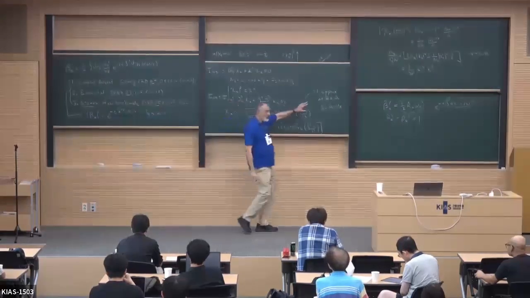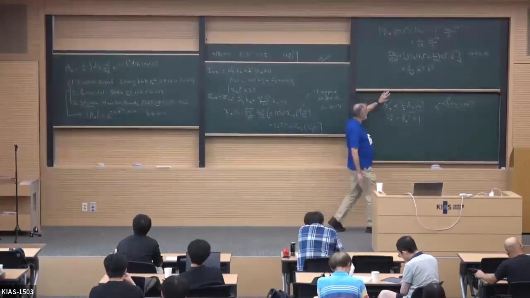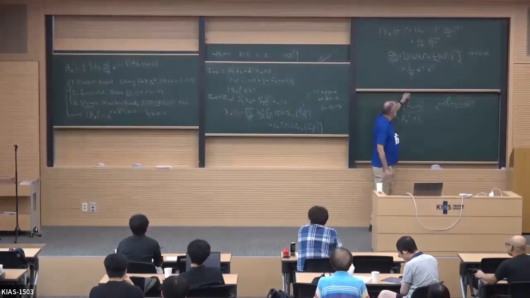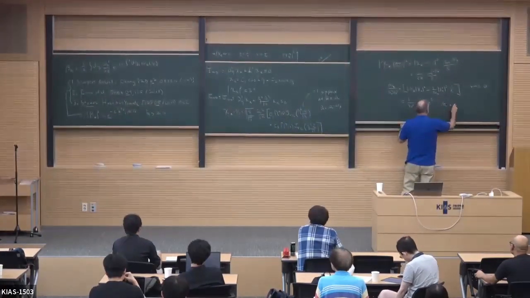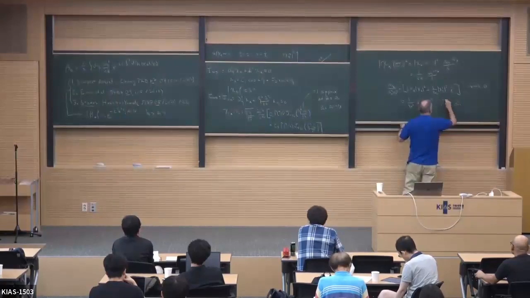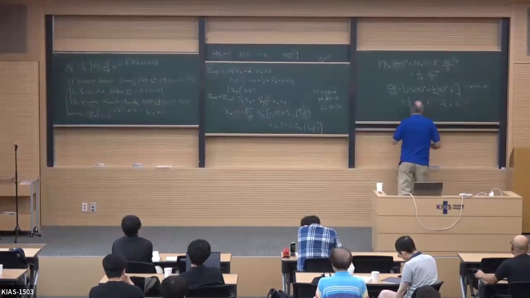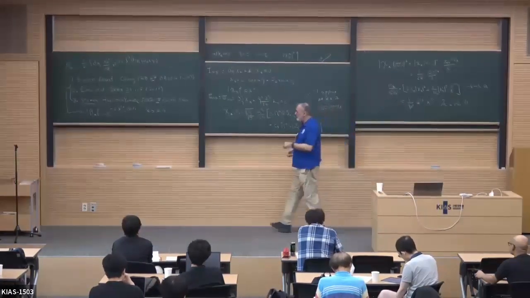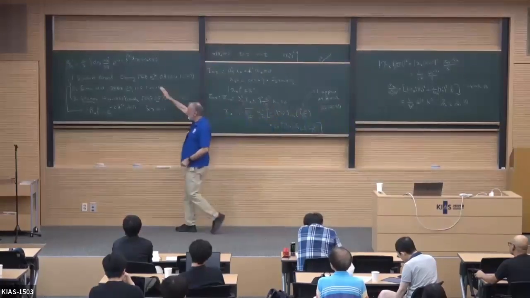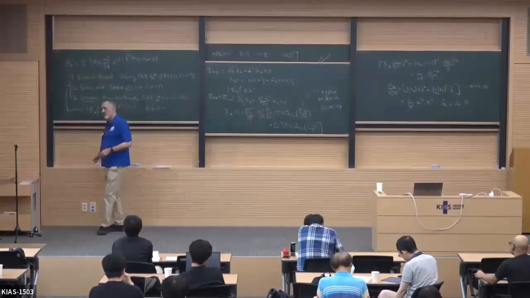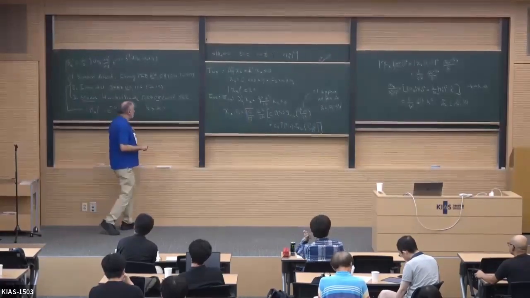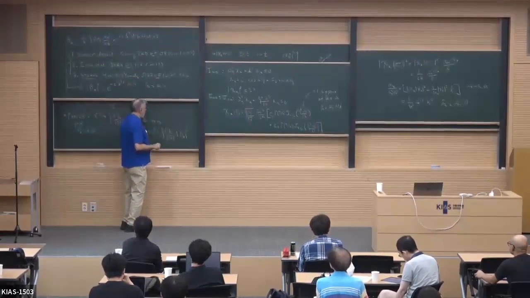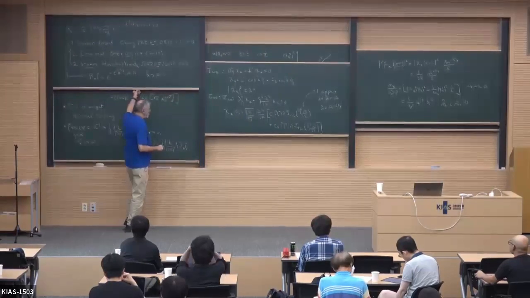So the small k behaves like this, and this is valid for k smaller than m tilde to the 1/3. And then for larger k, the steepest descent calculation would give this result. But that's not the end of the story.